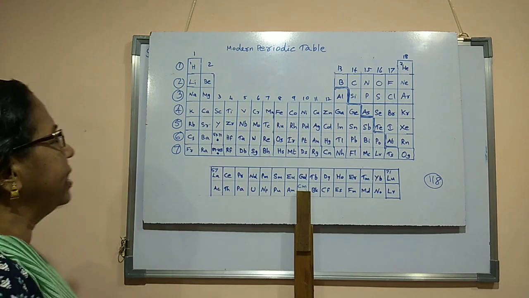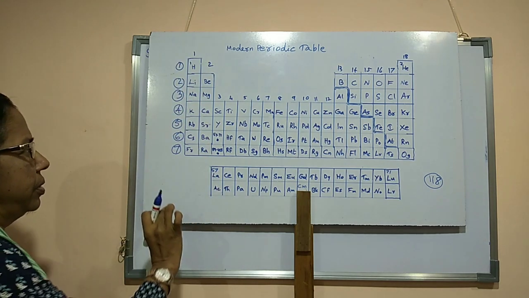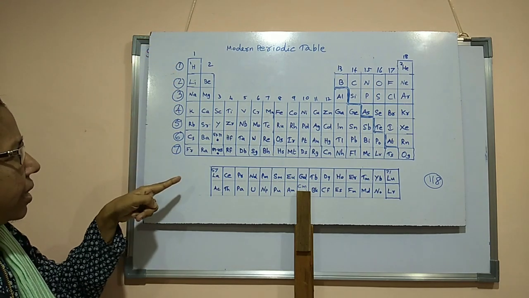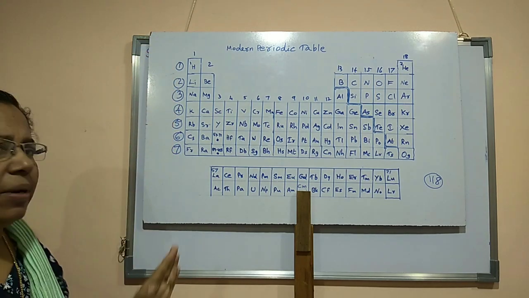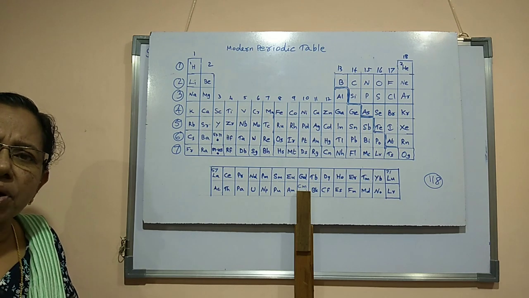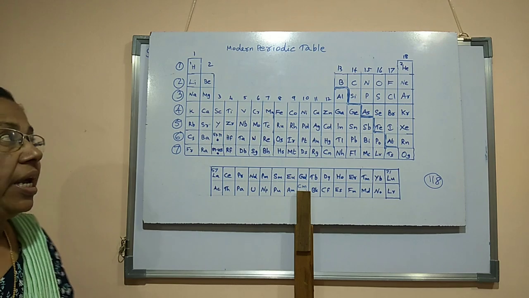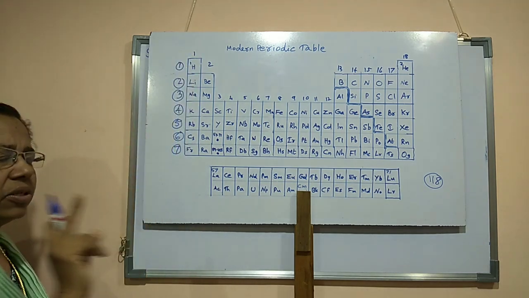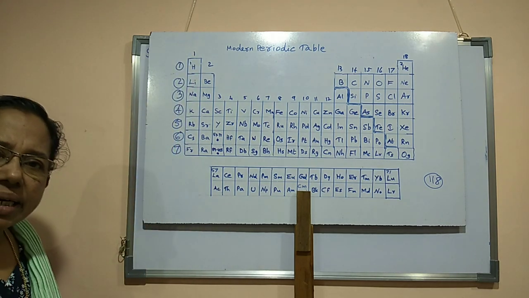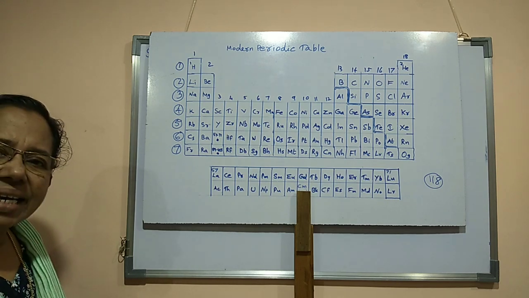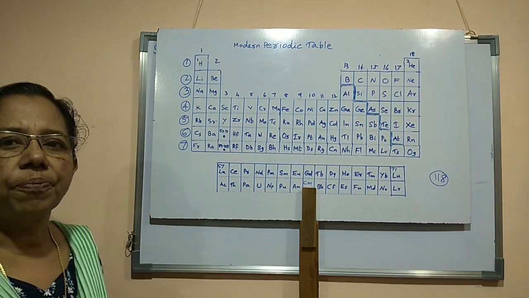Now, if we think of a group, all the elements in a group will have the same number of electrons in their outermost orbit. Suppose hydrogen, it has only one orbit, and its outermost orbit has only one electron.